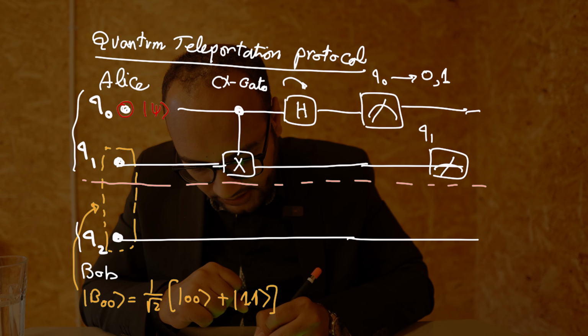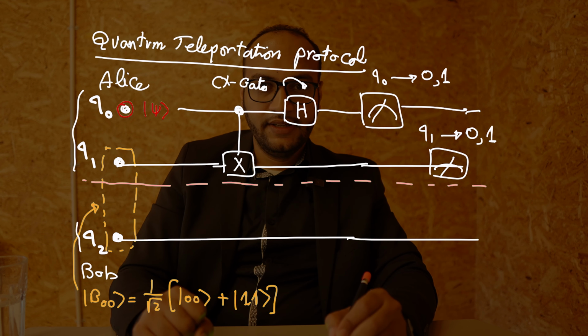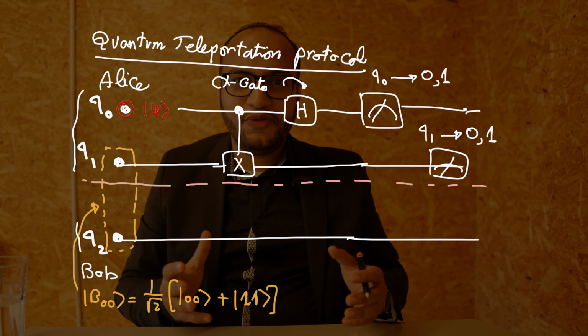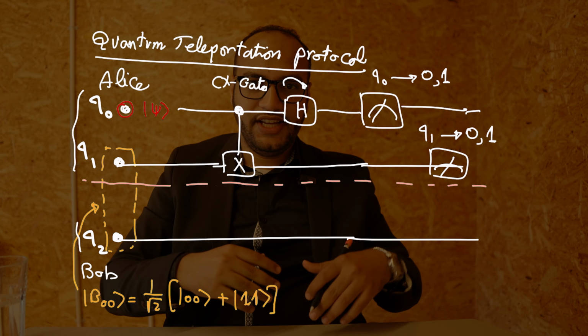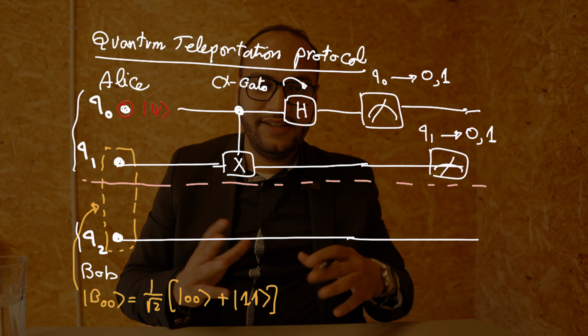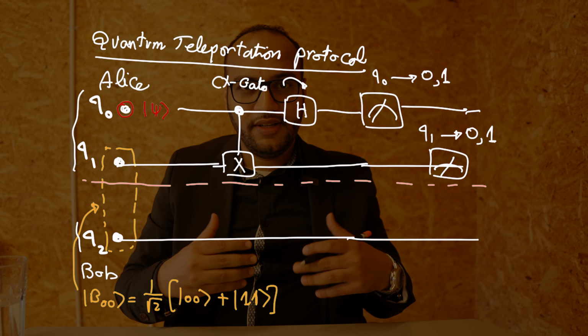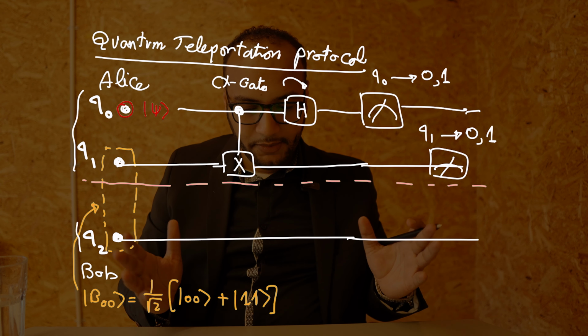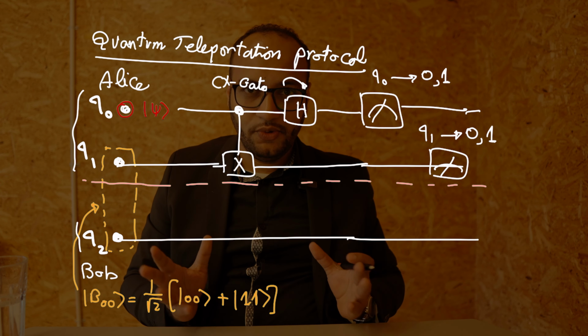Similarly, for qubit 1, it could be in state 0 or 1. And then Alice should communicate those findings to Bob. She can use Morse code, she can use any encryption, but she has to do it via a classical broadcast. She can even call him on the phone: Bob 00, Bob 01, Bob 10, Bob 11.